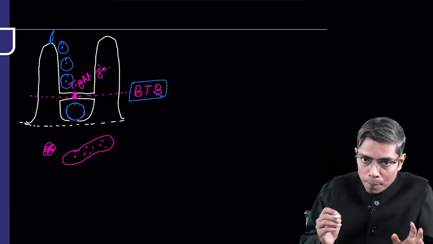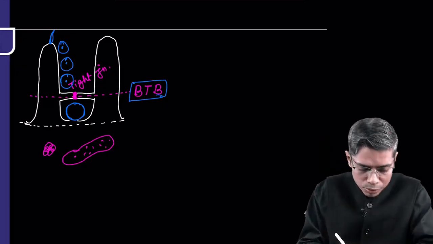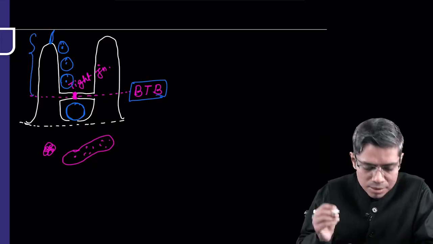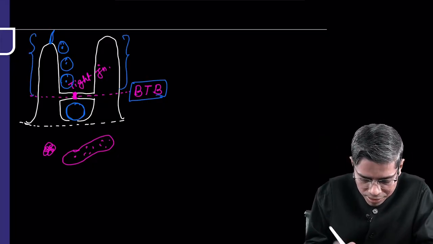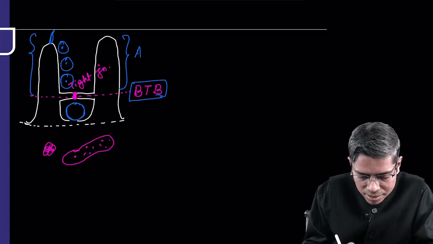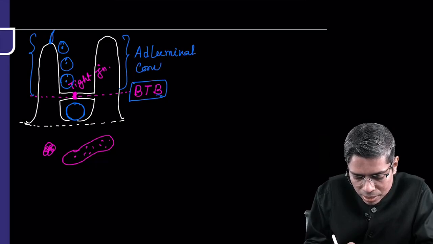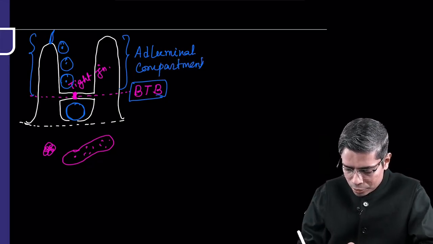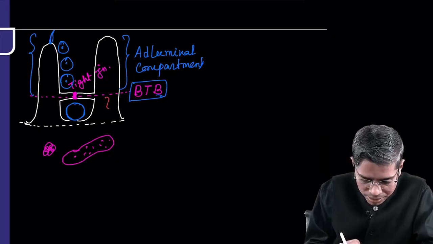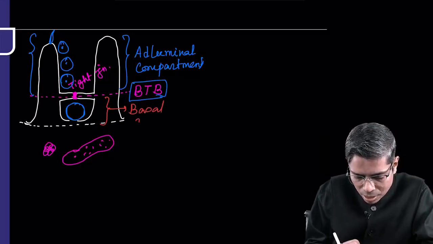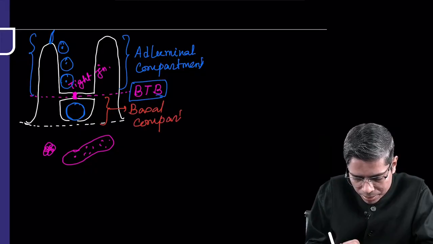Now the compartment which is inside this blood testis barrier is known as the adluminal compartment, right? And the compartment which is located outside this blood testis barrier is known as the basal compartment, right?